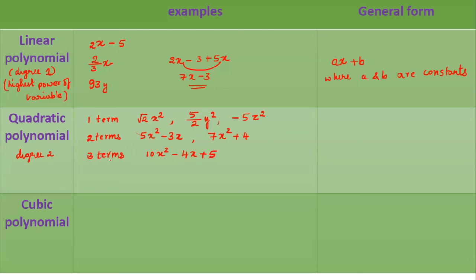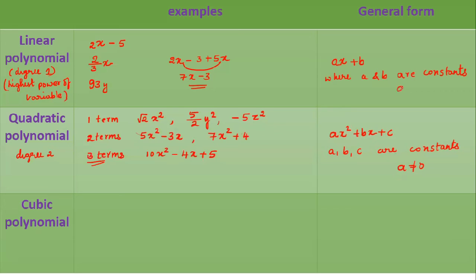I can write 10x square minus 4x plus 5. You can change the order of the terms. You can write 5 minus 4x plus 10x square. So at most, a quadratic polynomial can have three terms. So the general form of a quadratic polynomial is ax square plus bx plus c, where a, b, c are real numbers or constants, and the condition is a not equal to 0.